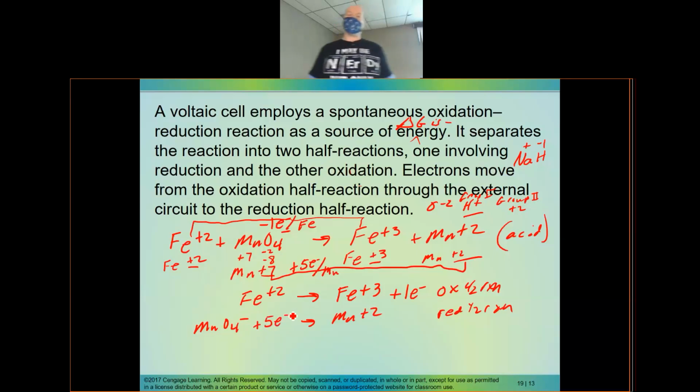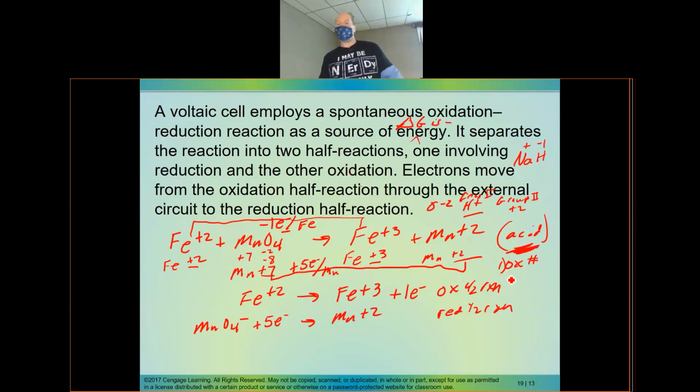So your +7 going to +2, you need the 5 electrons. All right, so now after you've balanced your oxidation numbers, that's when you have your balance of charge. So you balance oxidation numbers first. That's the first thing that I'm balancing.